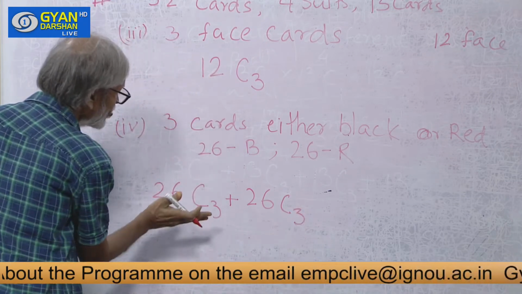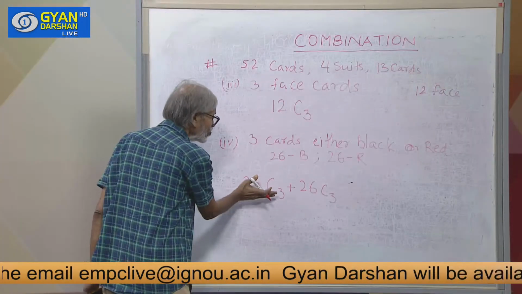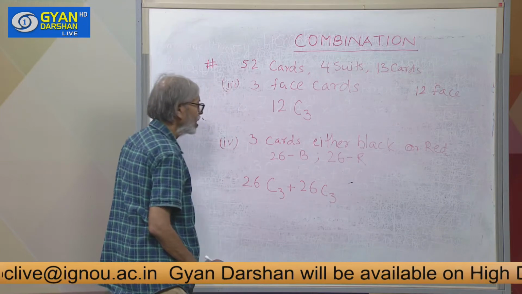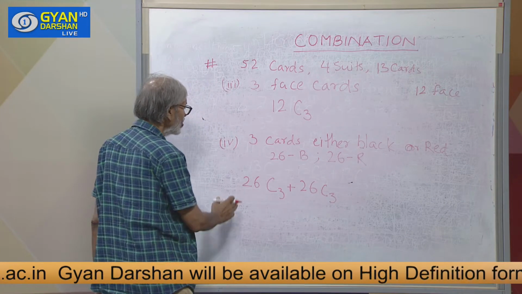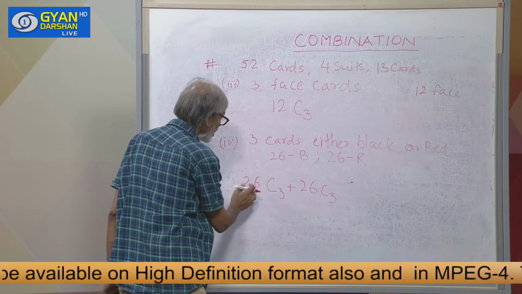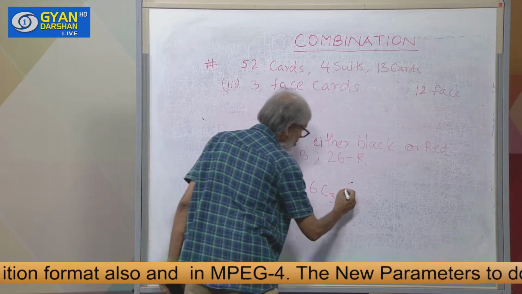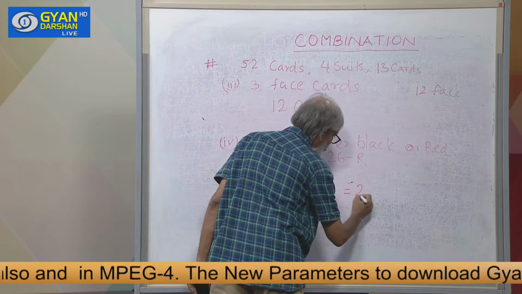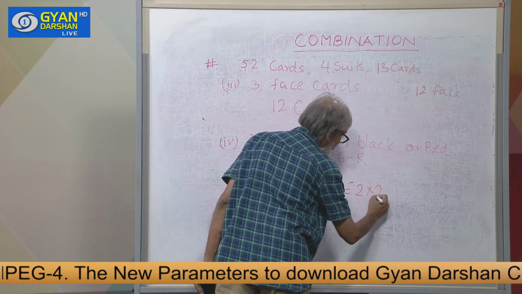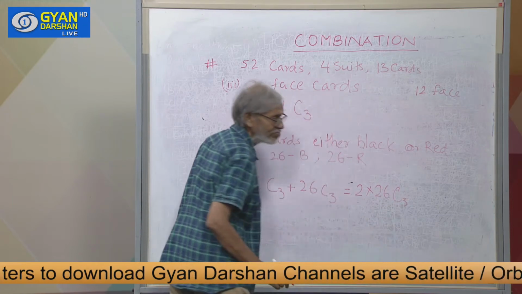But since either you can do this or this, here the fundamental principle of addition will be applied. So, it will be equal to 26C3 plus 26C3. So, this will be equal to 2 into 26C3.